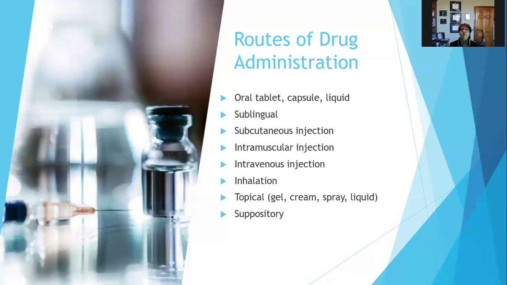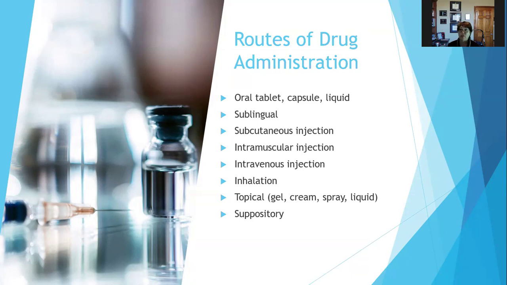Topical medication: gel, cream, spray, or liquid that's applied to the skin. And suppository: it's inserted rectally and it is absorbed in that way. Sometimes if people are having a lot of vomiting, you can't really give them oral medications because they'll just throw it right back up.